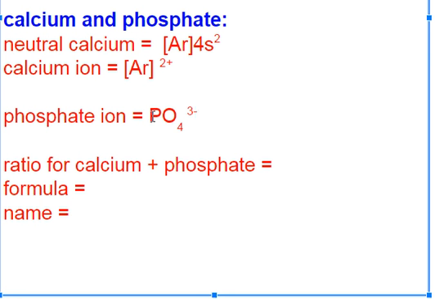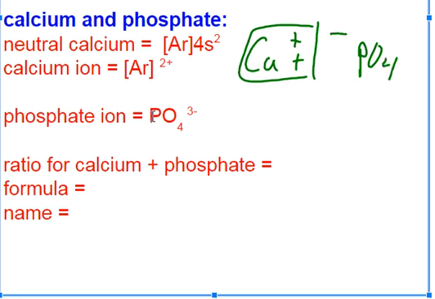So again, if I follow my same procedure, sketch my little box here. Calcium has 2 it needs to get rid of, but this big phosphate group, PO4, needs 3 for 1. So 1 of each isn't going to work.